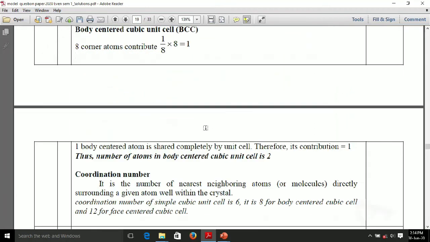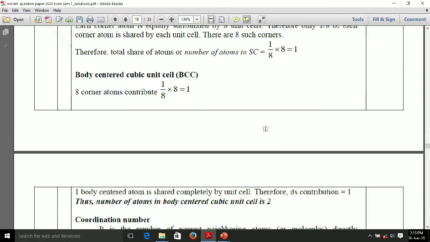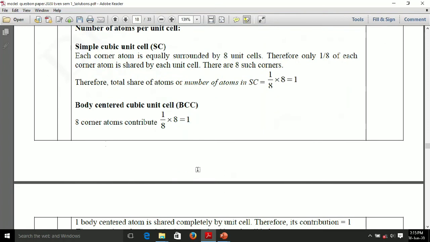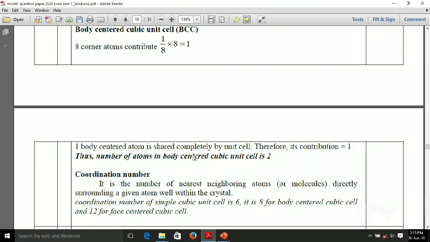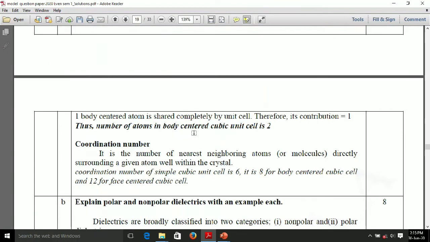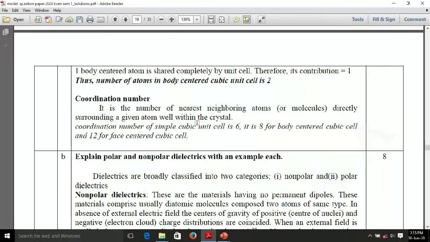So you will get, for example, since it is 7 marks, 1, 2, 3 marks will be awarded for that part of the answer. So 3 plus 1 will be 4. The remaining 3 marks may be awarded for the coordination number. Since there are simple cube, FCC and BCC, 3 cases are there, so 3 marks may be awarded here.